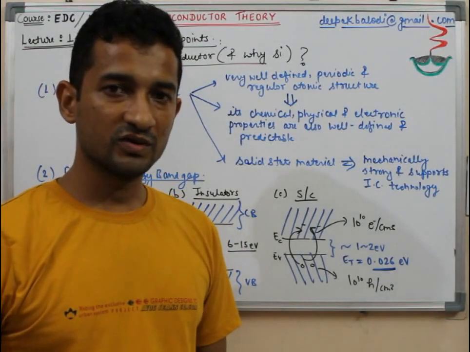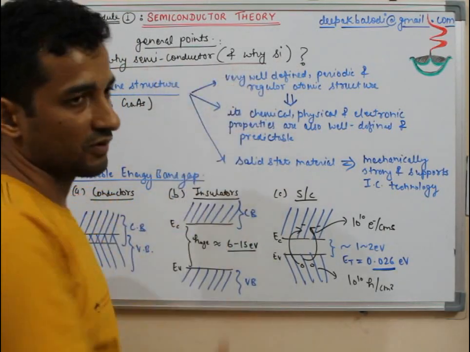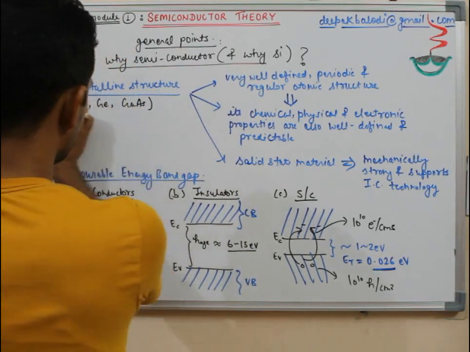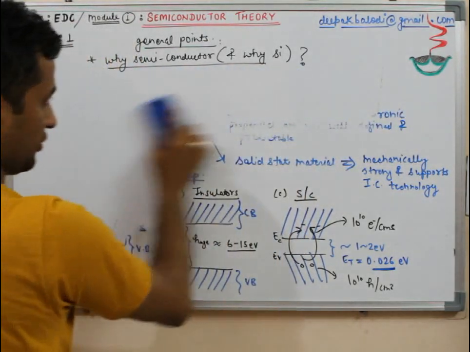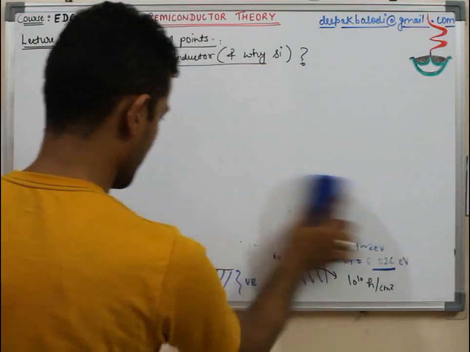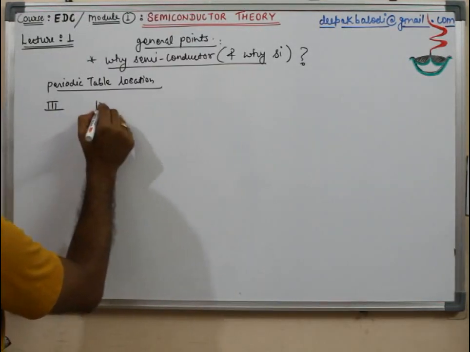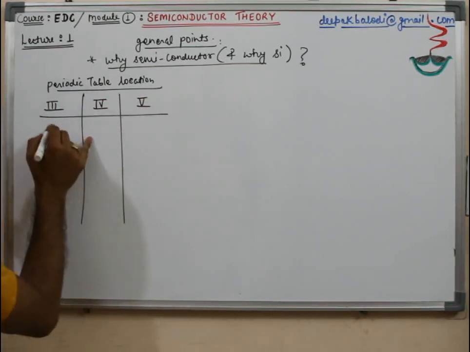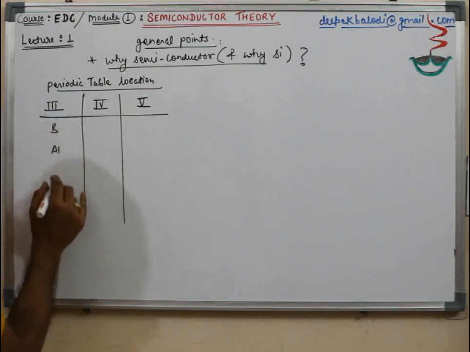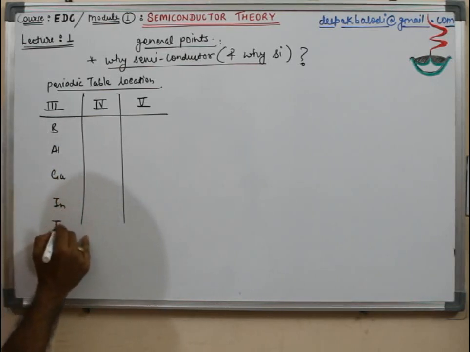Now let us come to a smaller question, that is, why silicon, and simultaneously see some other reasons for semiconductors. For that we will locate the periodic table position of the semiconductors, and of silicon specifically. There is a third column, a fourth column, and a fifth column which mainly interest us. The third column starts with boron, aluminum, gallium, indium, thallium.